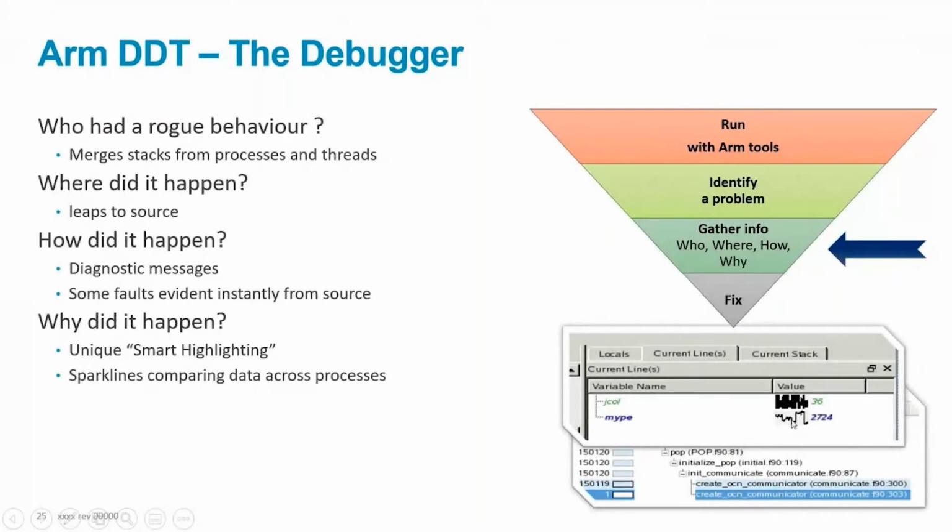The line graph is basically talking about the MPI ranks, and it can show you where the crash has happened, on what line number within a particular stack. We call this smart highlighting, and this is very helpful in answering these three things: who, where, and how.